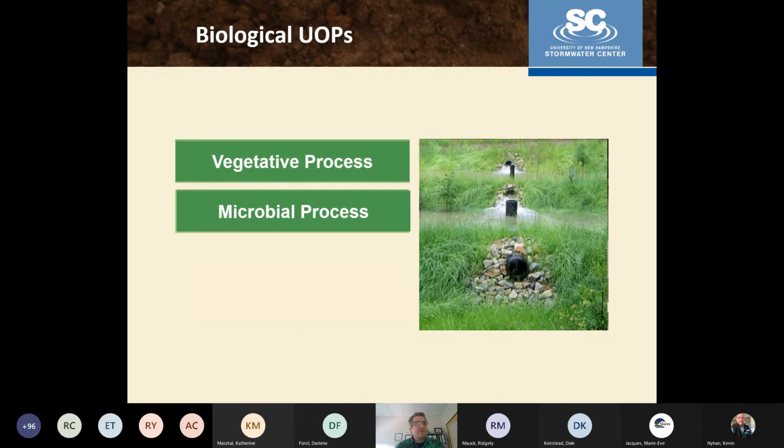As far as biological processes, we've got vegetation, and that's vegetative uptake, largely storage and incorporation of those pollutants within the biomass. And by far, like infiltration on the biological side, the game changer is these microbially mediated processes.